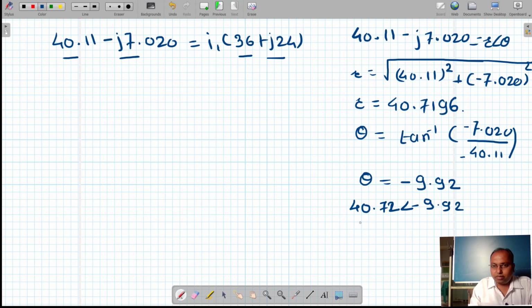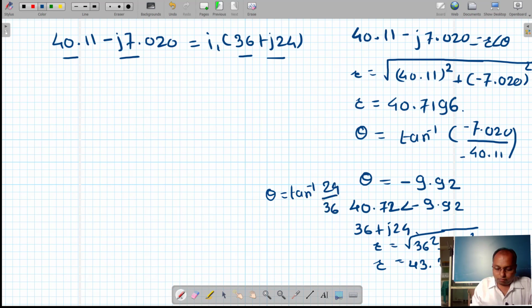Now let us convert 36 plus j24 into r and theta. r is under root of 36 squared plus 24 squared, so r is 43.26. Lastly, let us calculate theta. Theta equals tan inverse of 24 by 36, so theta is coming as 33.69.